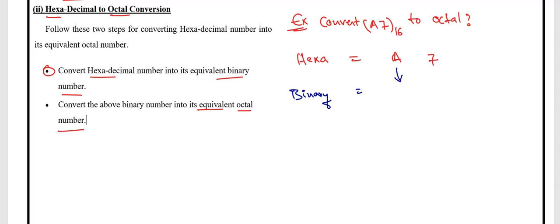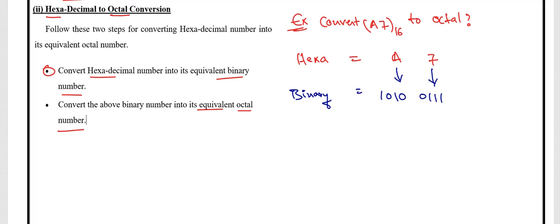The first hexadecimal digit is A, that is nothing but 10, which is represented in binary as 1010. My next hexadecimal digit is 7, which is represented as 0111 in binary. So here each hexadecimal digit is represented in 4 bits.